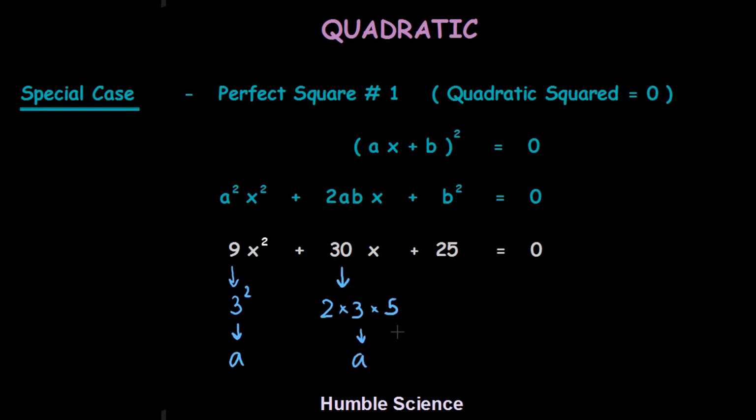So a is equal to 3, b is equal to 5. The third term, 25, is 5 squared. So b is equal to 5. Now we know that x is equal to minus b over a. So it's going to be minus 5 over 3, which is the answer here.